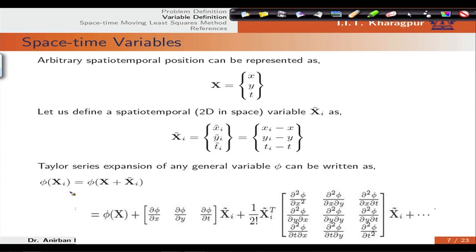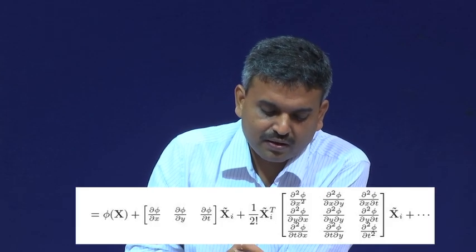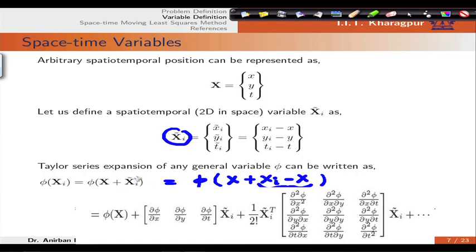Now, this phi x I, we can write as phi x plus x I minus x. So, we can write x I minus x with this x I tilde, and x I tilde is our increment from x.